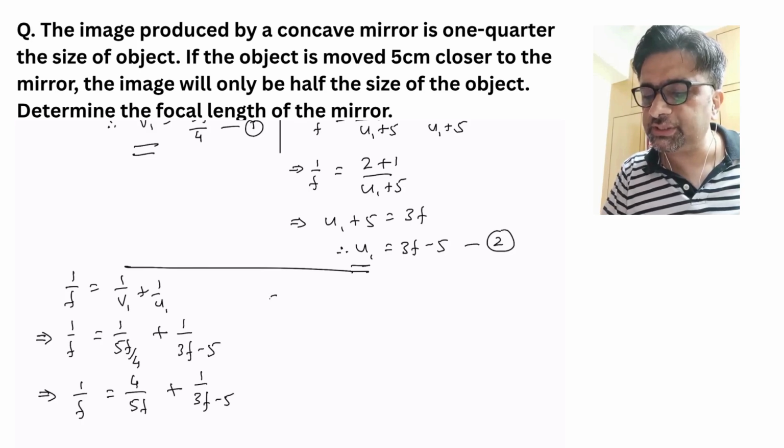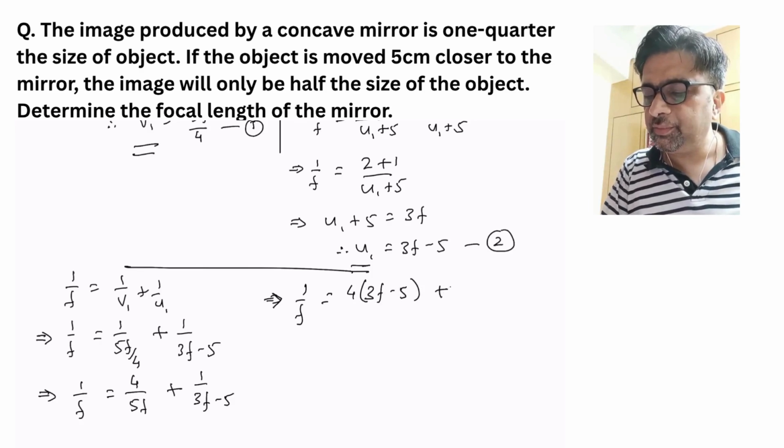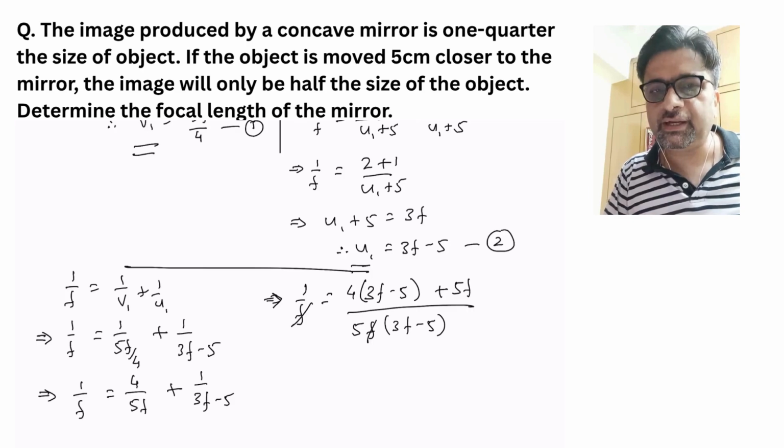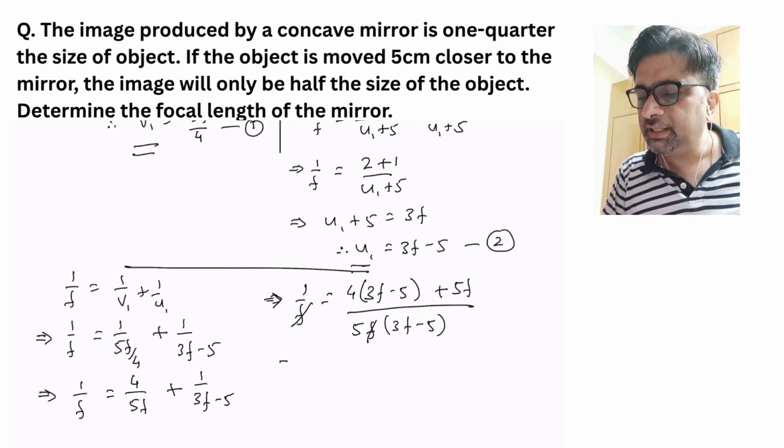Let us continue with this calculation. We get 1 by f would come to 4 into 3f minus 5 plus 5f by 5f into 3f minus 5. You see that we can knock the f factors off from both sides, and that gets us 3f minus 5, sorry, it's 5 into 3f minus 5, is equal to 12f minus 20 plus 5f.